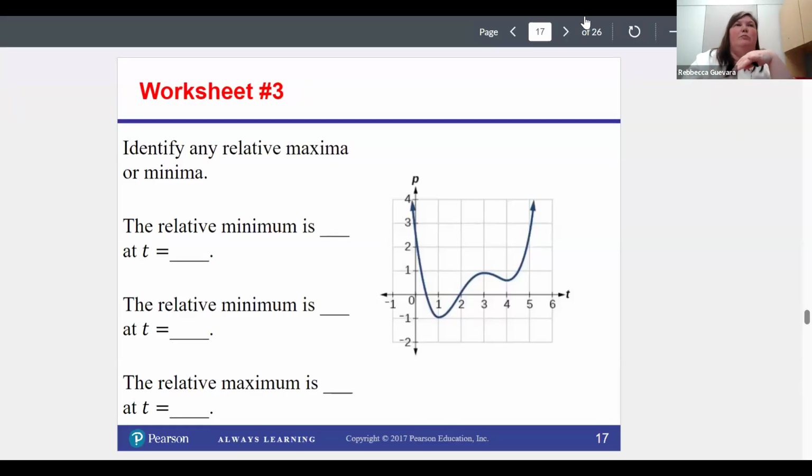So I'm going to use those same graphs again. I want you to tell me what your relative minimums and maximums are and where they occur. So what I'm asking for essentially is this part, your input at that point, or your x value. This graph is in t, so these would be your x's and these would be your y's. So the minimum or the maximum refers to the y value.